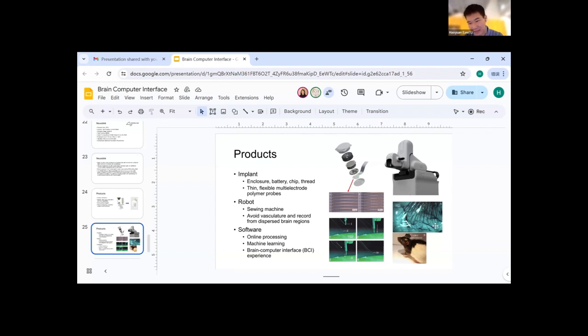And these figures show the result from a mouse after the implant of the electrode. And here the black things are the electrodes, and this is the mouse with the implant.